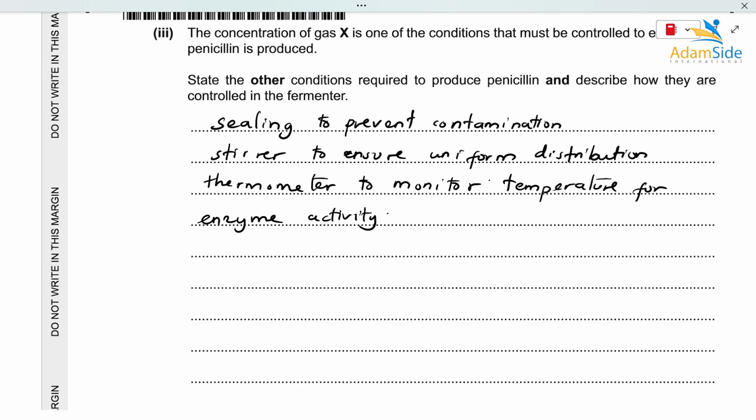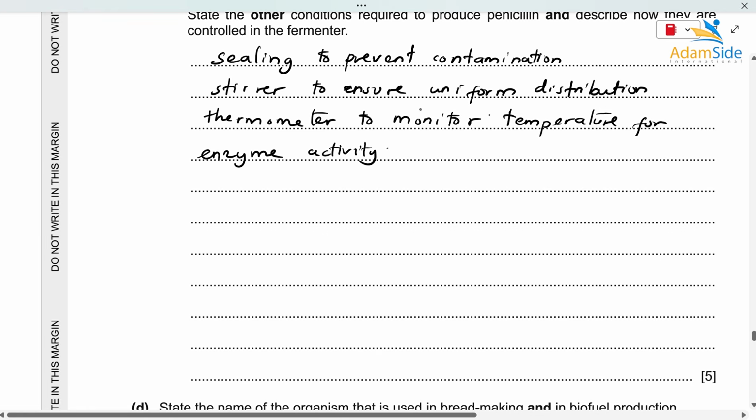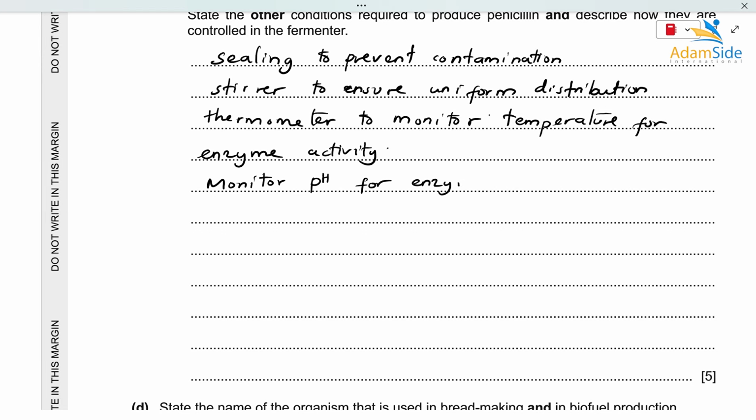We also monitor pH for enzyme activity, because pH can also damage enzyme activity. Apart from that, we have a part that removes waste products so that they do not damage the product. So removal of waste gases like carbon dioxide, so that there is no competition.